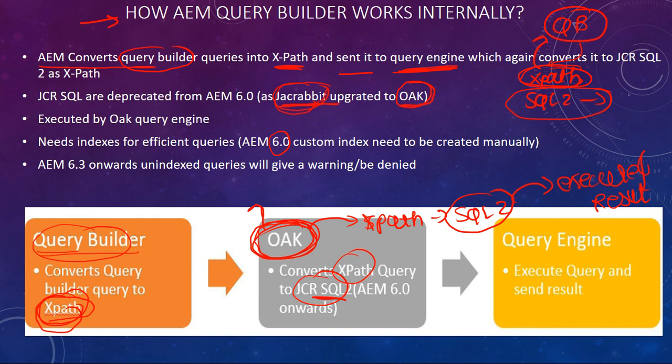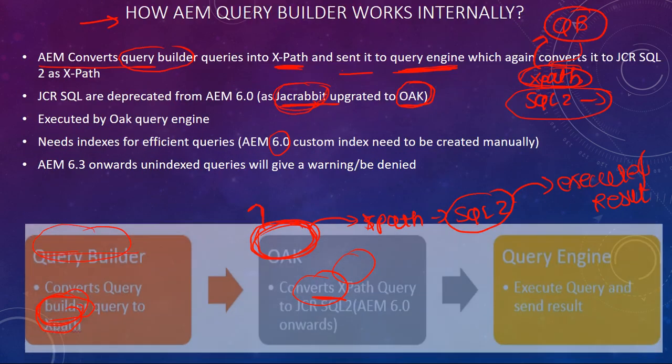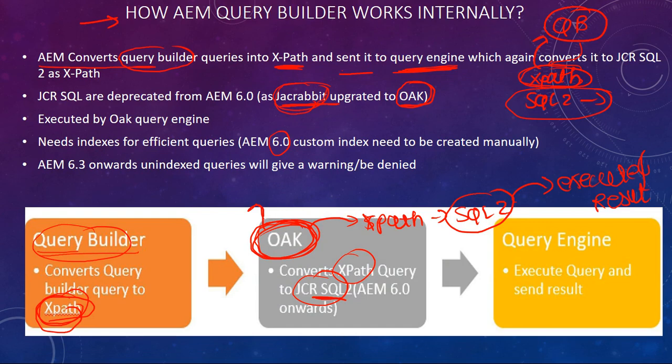And our query is not fast. Why? Because it hasn't maintained the indexing. Whenever indexing is maintained, our query will be fast. But in Jackrabbit, we don't have this type of functionality, so if you want to use it, you have to move from Jackrabbit to Oak.